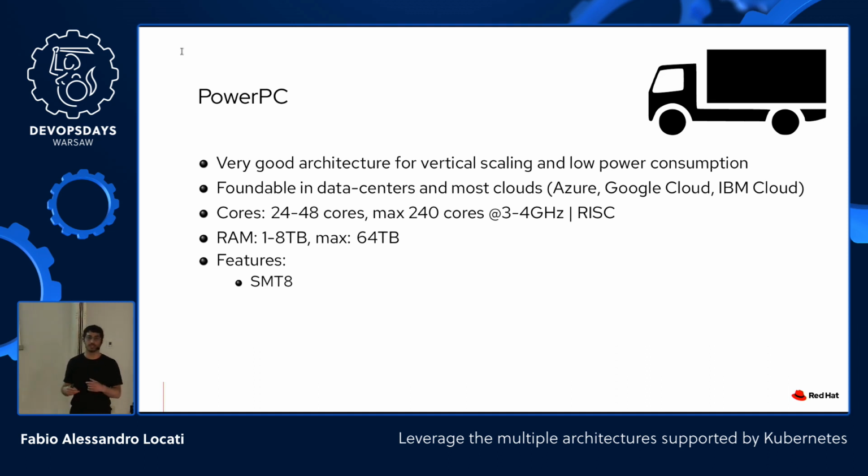So even though the number of cores is higher than x86, but not super higher, if you account for that SMT8 difference, then the difference becomes huge. Because if you have 100 cores of x86 with SMT2, that means you have a maximum total of 200 threads at the same time, but 240 multiplied by 8 is basically 2,000 potential threads at the same time.